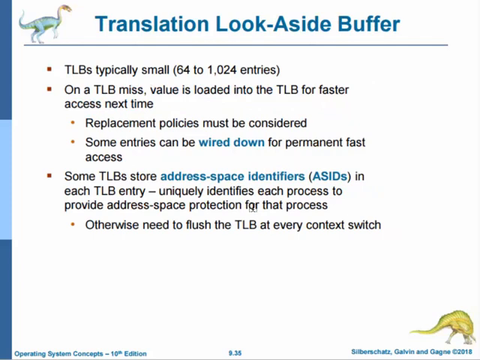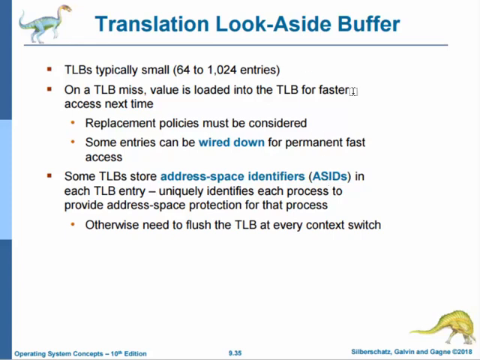Although storing the page table in memory can yield faster context switches, it may also result in slower memory access times. Suppose we want to access location i. We must first index into the page table using the value in the PTBR offset by the page number for i.